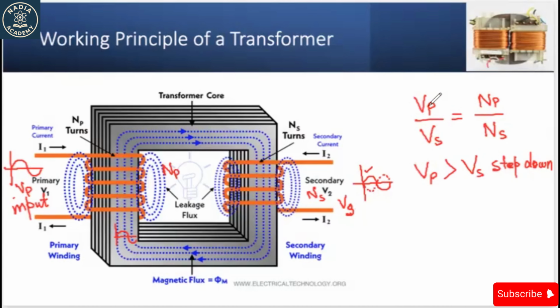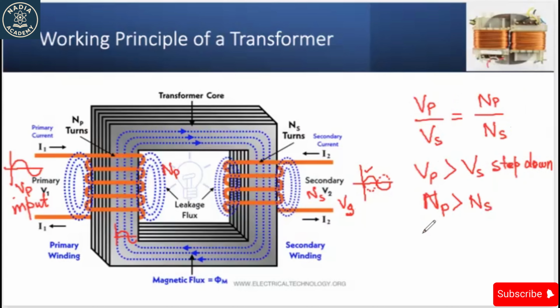If Vp is greater than Vs, then Vp over Vs is greater than 1, and similarly the ratio of the number of turns of the primary to the secondary will also be greater than 1. It means we will have more turns in the primary compared to the secondary.